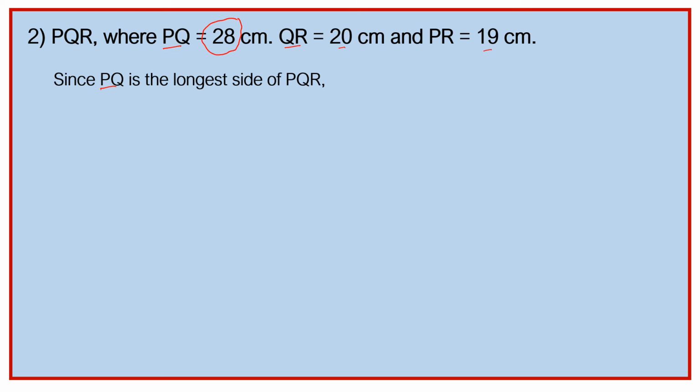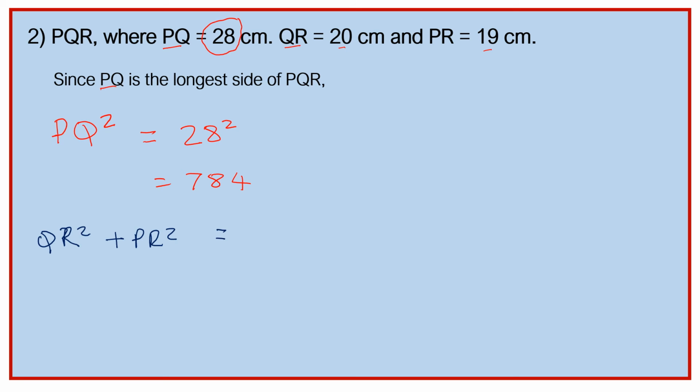PQ is the longest side. So now let's check. If we have PQ squared, then it will be 28 squared. Okay? And 28 squared gives us 784. You check that?